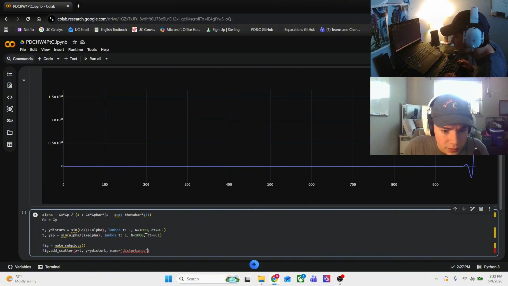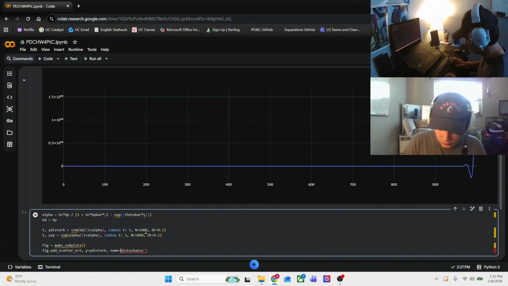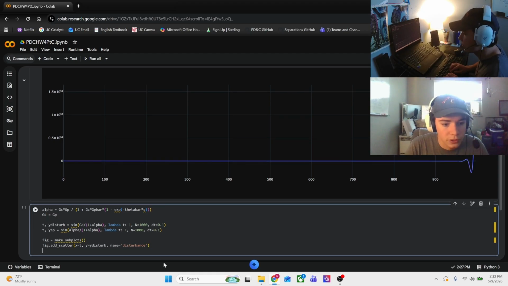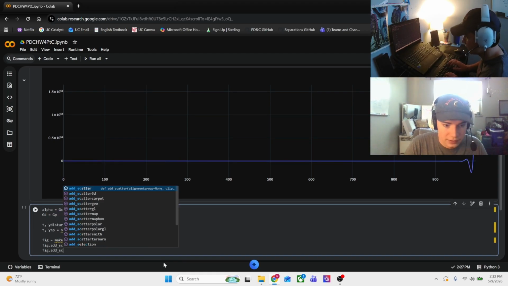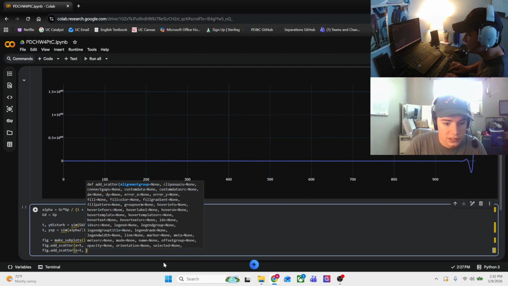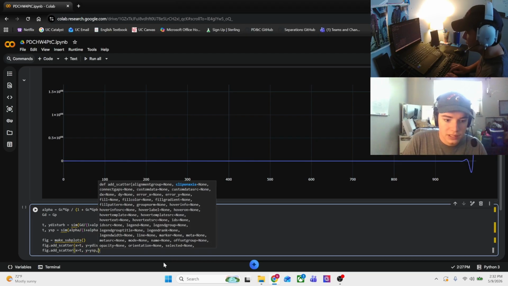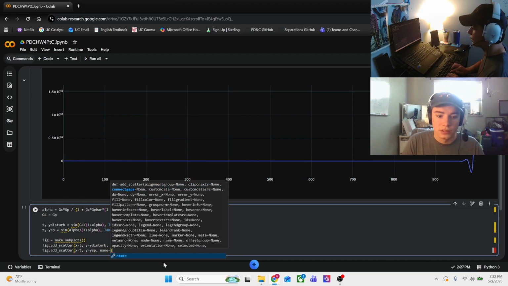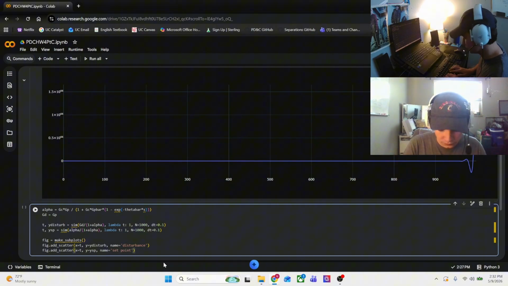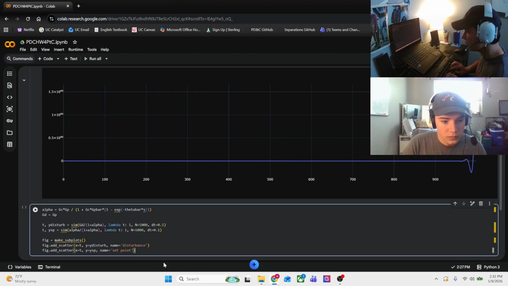What am I missing here? Oh, there we go. And then, of course, do fig dot add scatter. Our x is again going to equal our t. Our y this time is going to equal our ysp, and our name is going to be our set point. I think that should be all good.